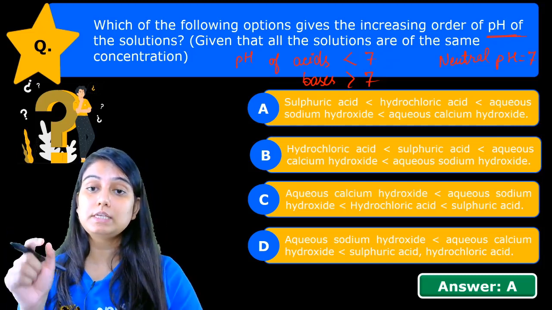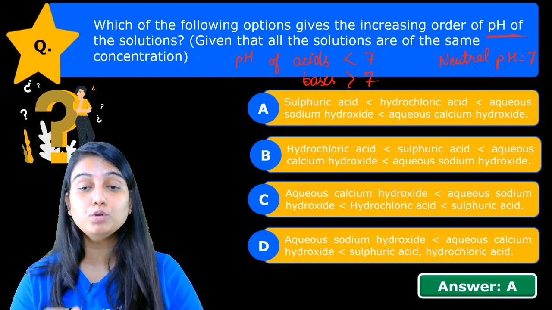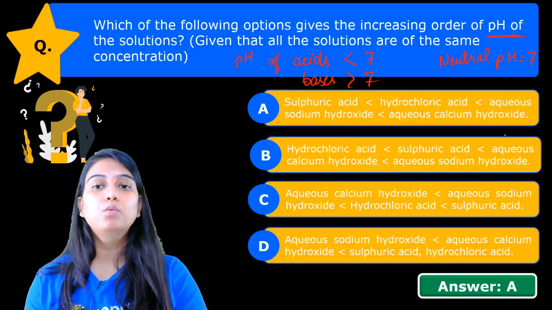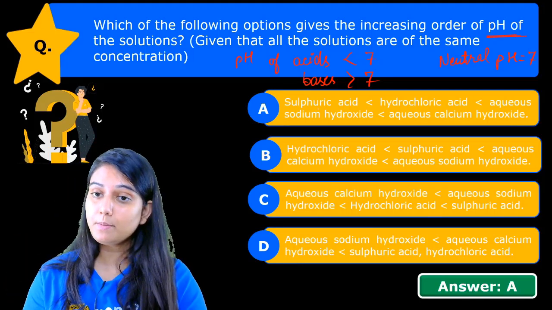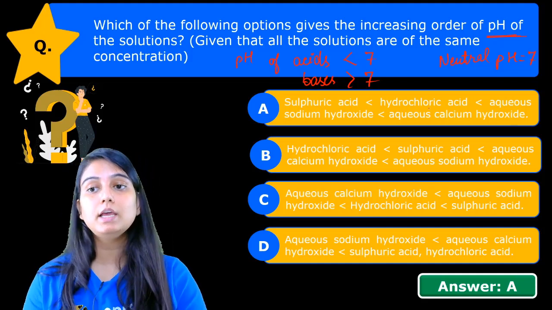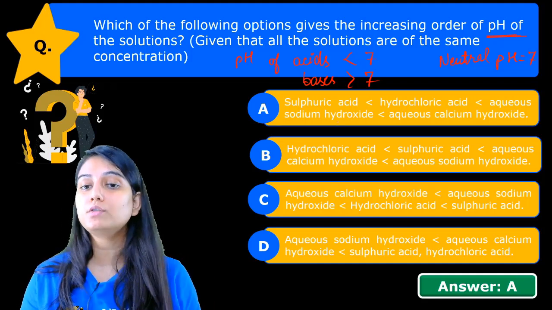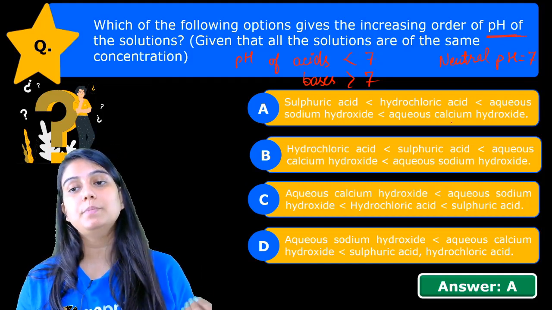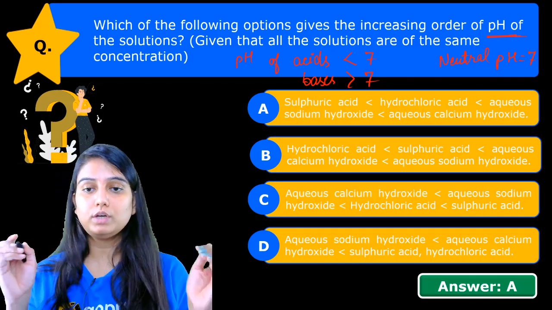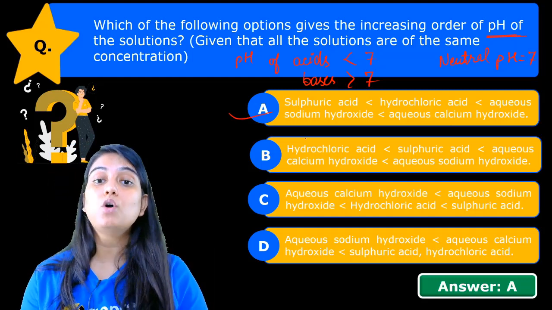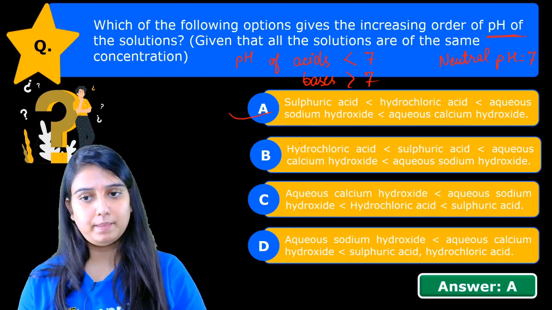So this is the most acidic out of these 4, so its pH is the lowest. Then after hydrochloric acid comes the pH of sodium hydroxide and then calcium hydroxide. So the correct answer for this question is option A, right?